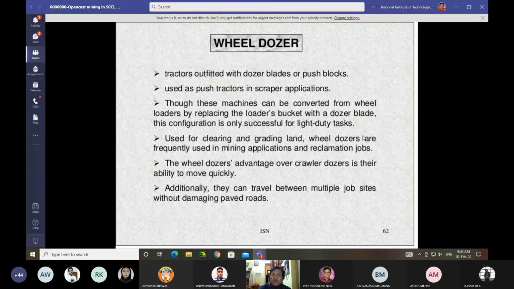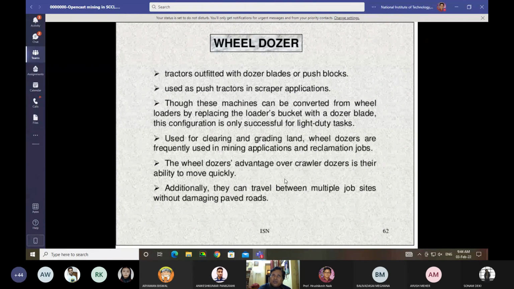Wheel dozers are frequently used in mining applications and reclamation jobs. The wheel dozer's advantage over crawler dozers is their ability to move very quickly. Additionally, they can travel between multiple job sites without damaging the paved roads. So this is the advantage of wheel dozers.